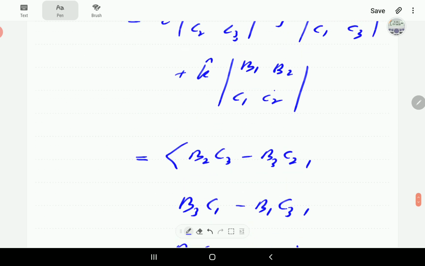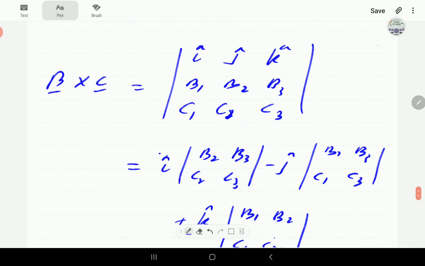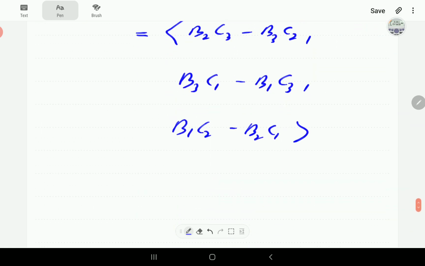So that's going to be this cross product here, and then we do a dot product with A. So A dot B cross C.